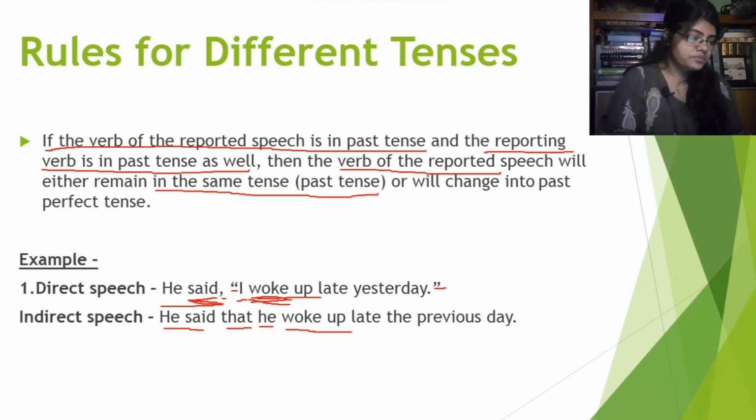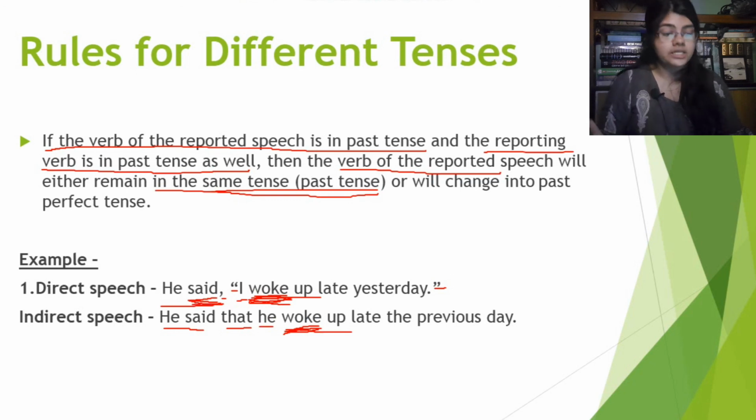Here I will show you the first possibility, which is the verb of the reported speech will remain in the same tense, past tense. See, woke up, the past tense of the verb. The main verb is wake, the past tense is woke. So, in the reported speech, the verb will remain in the same tense, that is the past tense, because the reporting verb is also in the past tense.